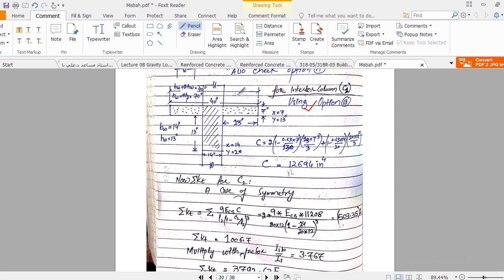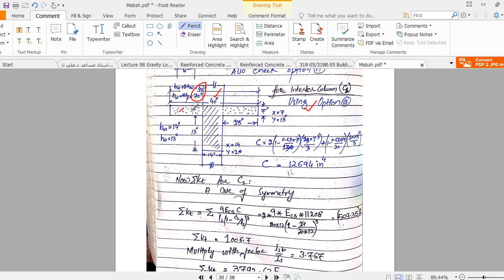The total width of this T section, this flange portion, is BW plus 2HW or BW plus 8HF. So we have to select the minimum value, and the minimum value will be 40 inch. Now just subtract this 14 inch, and you get this cantilever portion. Then divide this into section number 1.